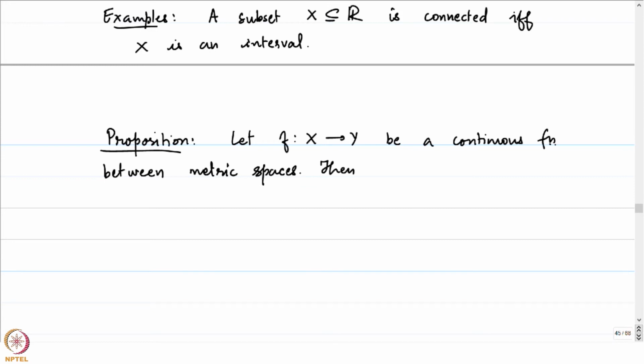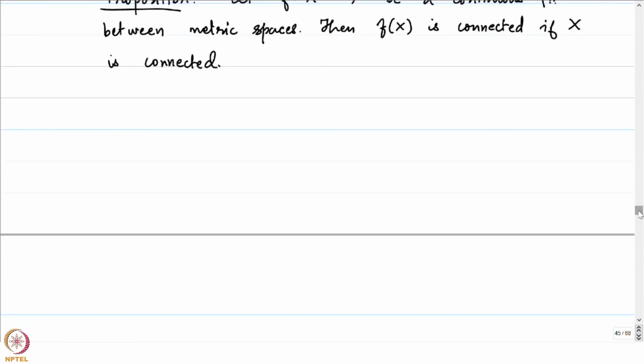Then f of X, the image of X, is connected if X is connected. So continuous functions preserve the notion of connectedness. The proof is actually quite straightforward.